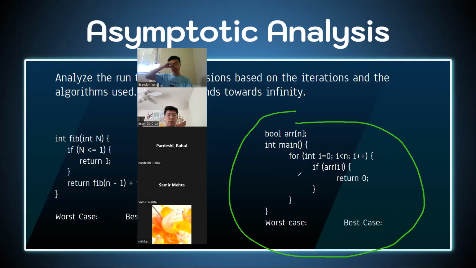Best case? If I get a true Boolean, I'll break out. What do you guys think the worst case is? I mean the best case. Okay, yeah, the best case.